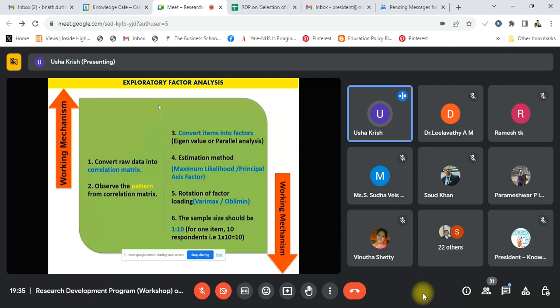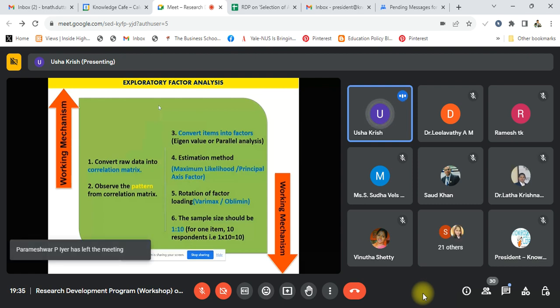Experts say, based on theory, if you find that there is a relationship among the items, use Oblimin, or based on theory, if you find that there is not much relationship, use Varimax. If you reverse, you will not get good results.